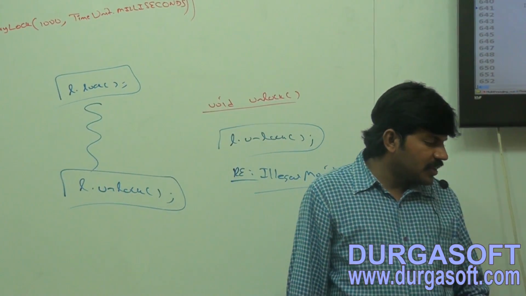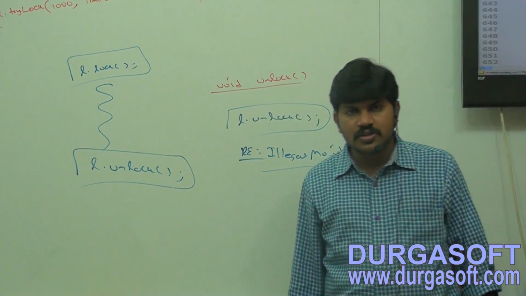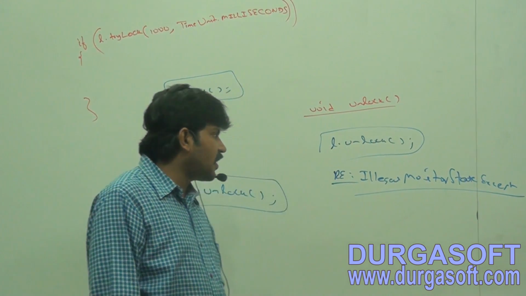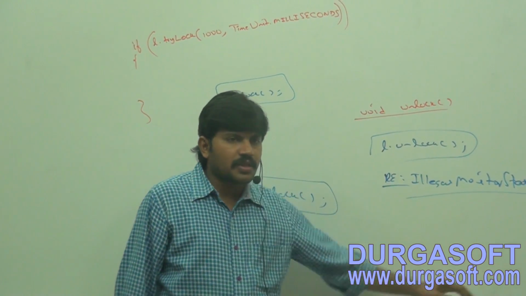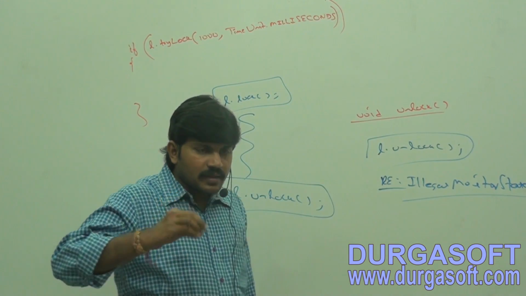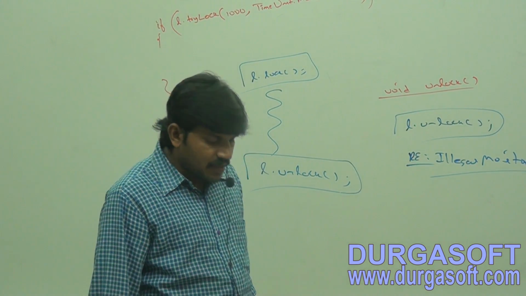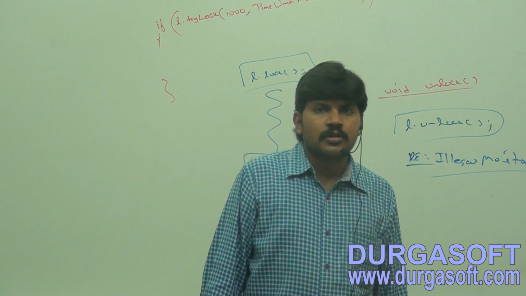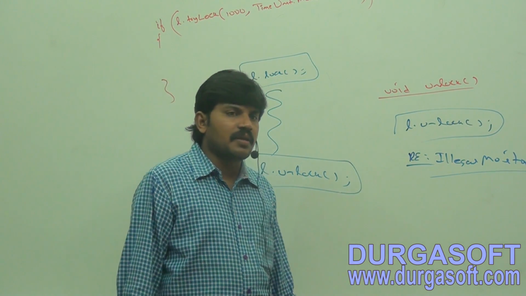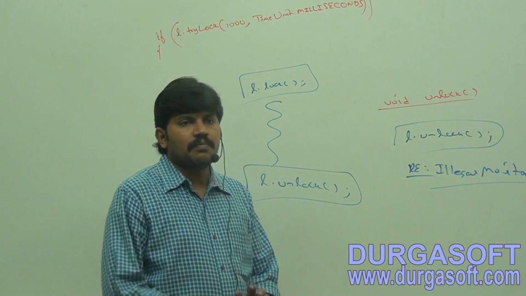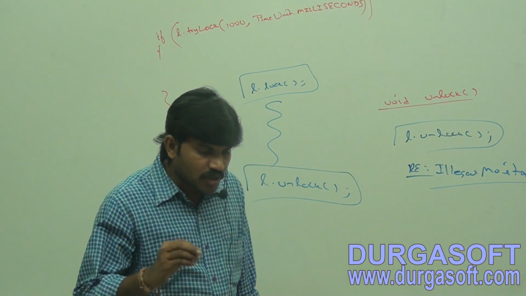Add this point also. To call this method, compulsorily the current thread should be the owner of the lock.